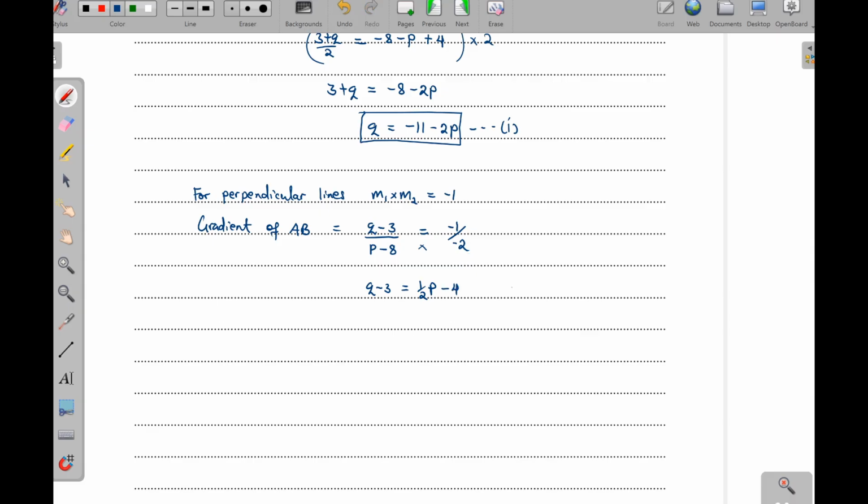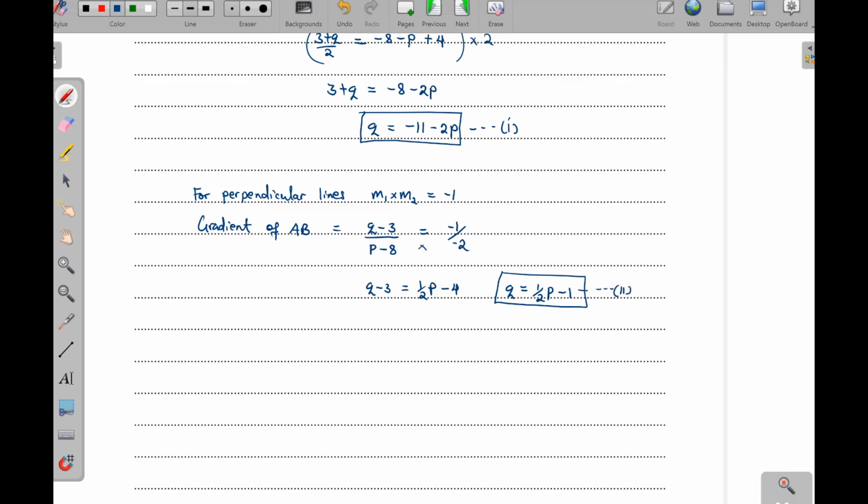So q is going to be a half of p, then if this comes to the other side, negative 4 plus 3 will be negative 1. So we put minus 1. And this one here is giving me the second equation.